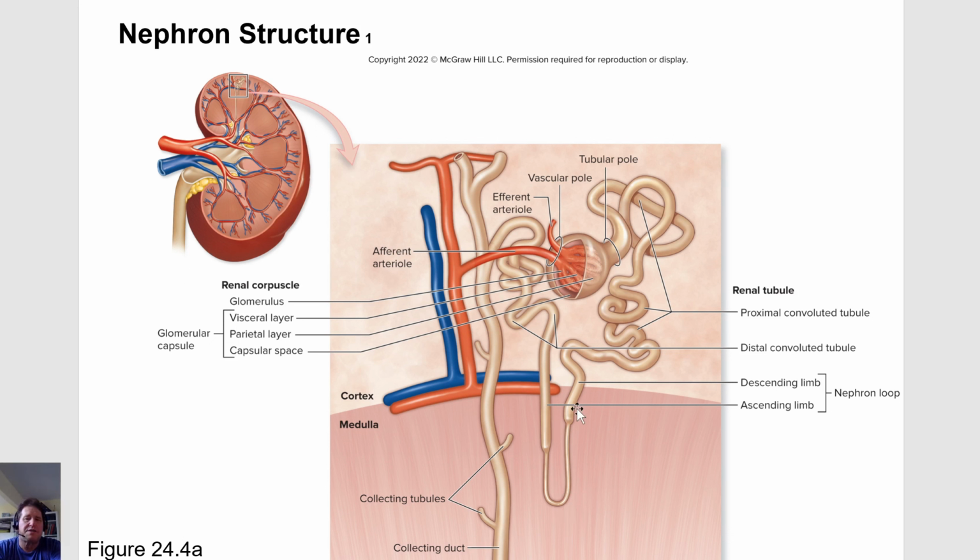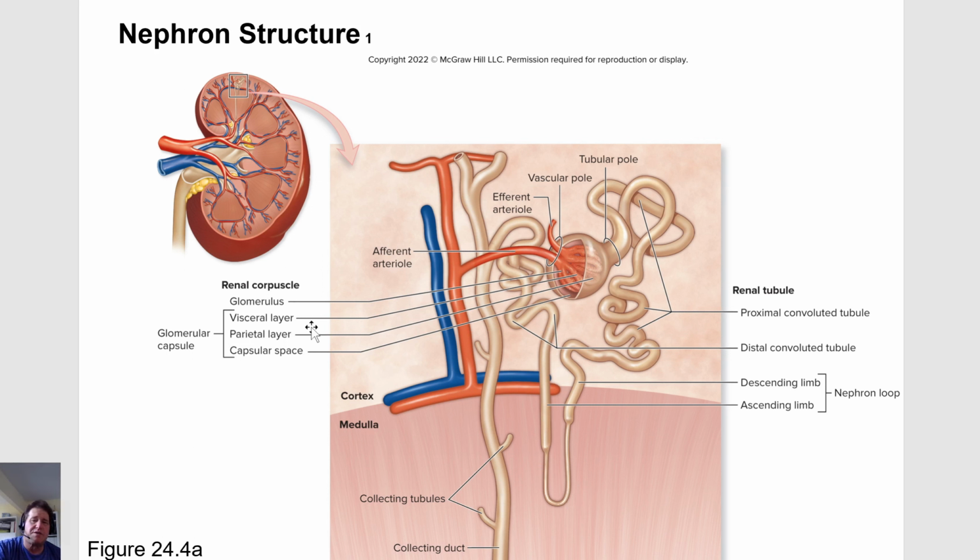It has a thick portion and a thin portion. What's leaving the first part of the tubules, the proximal convoluted, is called the descending limb. It's descending into the medulla, and then makes the curve, and then an ascending limb is ascending back up. And then you have another set of tubules here.